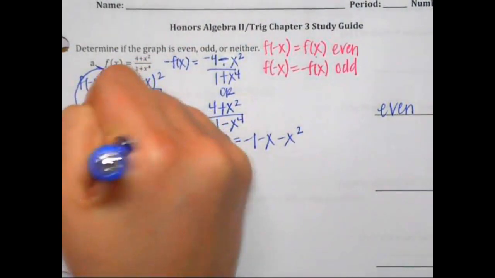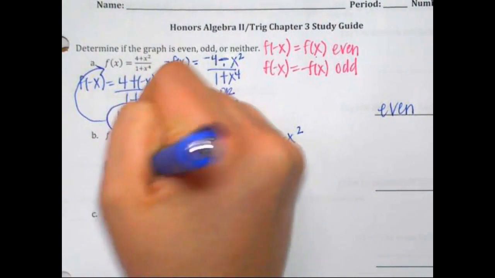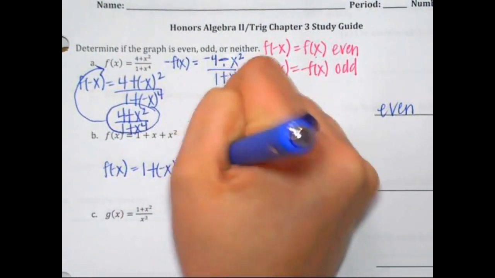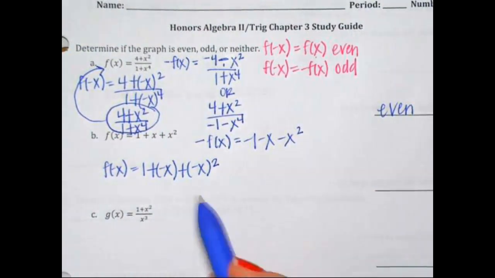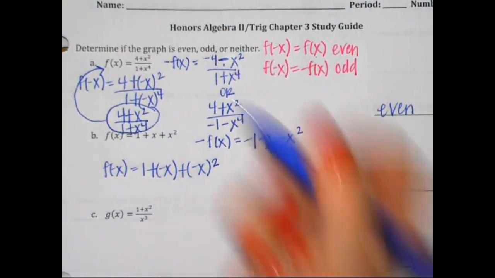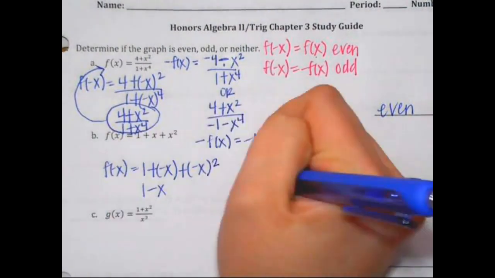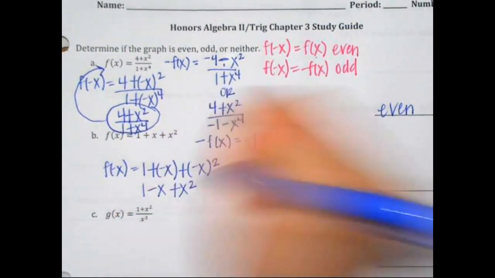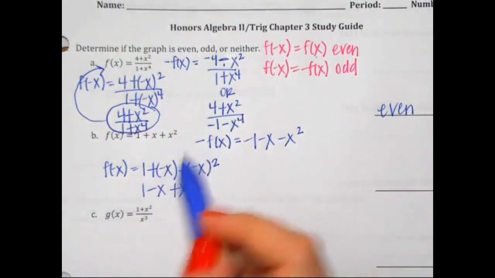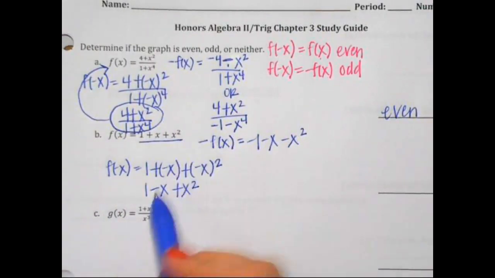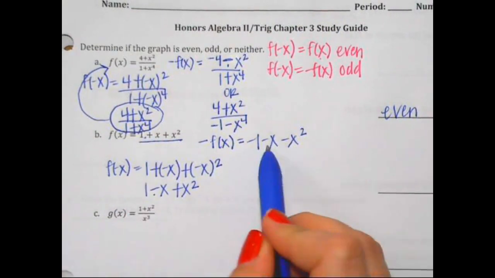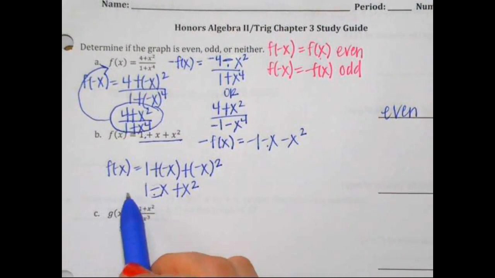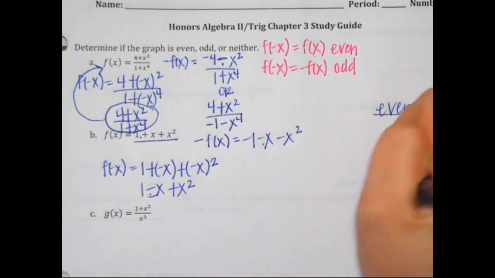So when we plug in negative x, that would be 1 plus negative x plus negative x squared. What ends up happening is this negative x stays there, and this negative x squared goes away. So if you look, it's not the same as this one because of this minus, and it's not the same as this one because the only thing that really changed was this minus. So this one is actually neither.